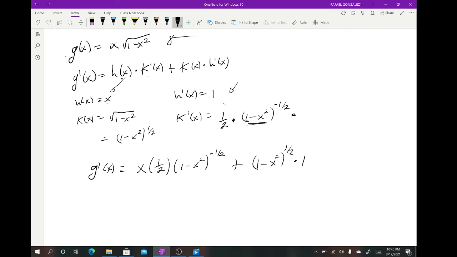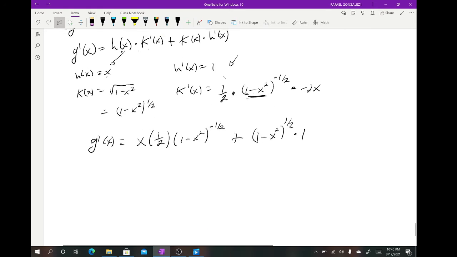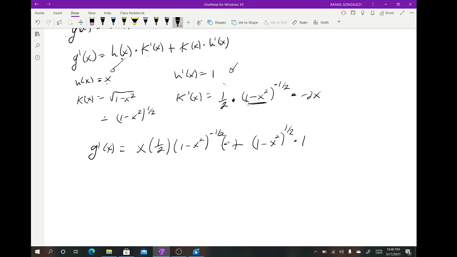The derivative of the inside here, 1 minus x squared, is negative 2x. So times negative 2x. It's always good to double check all of your work. So this first x comes from h of x, and then this whole piece comes from up here. Then plus this. Okay, now we're in business.